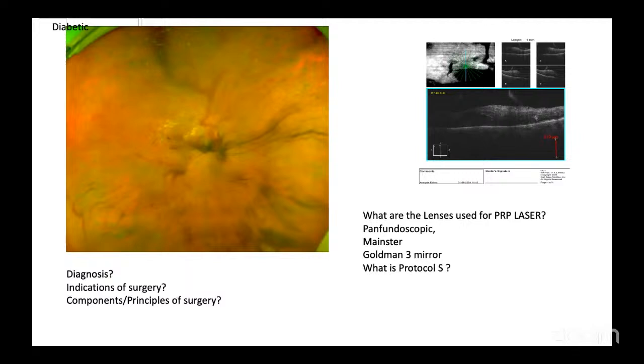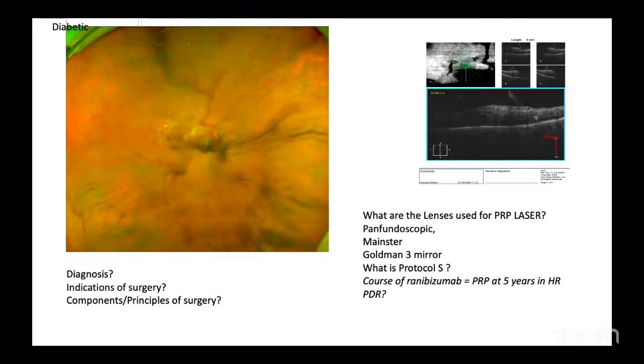And Protocol S. Does anybody know anything about this? Okay. So Protocol S is a new concept, where the outcome of randomization with ranibizumab is the same as PRP at 5 years in high risk PDR. This is what Protocol S is claiming: instead of PRP, one can do ranibizumab, and the results are the same.